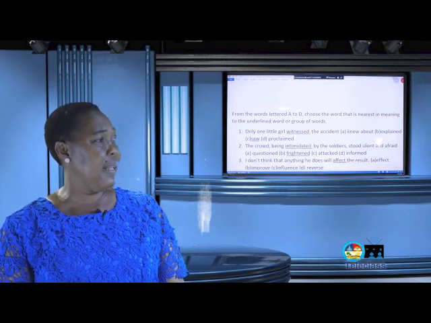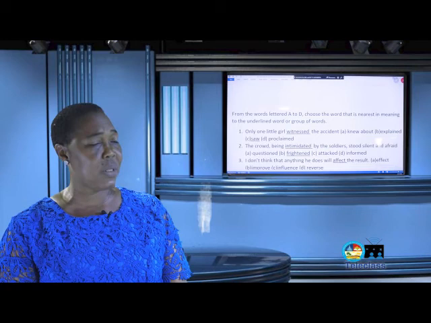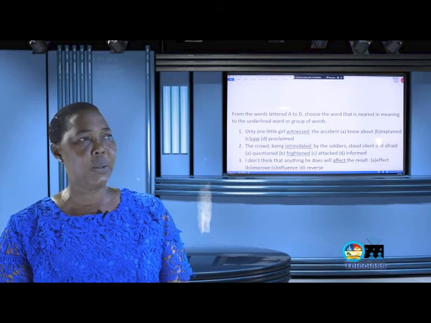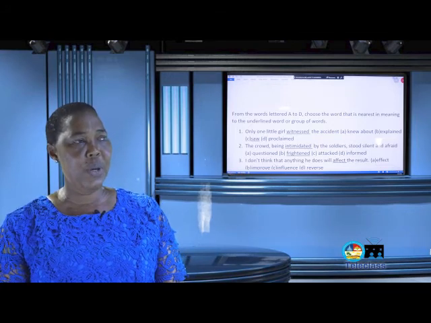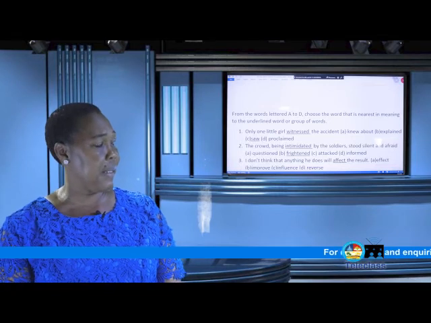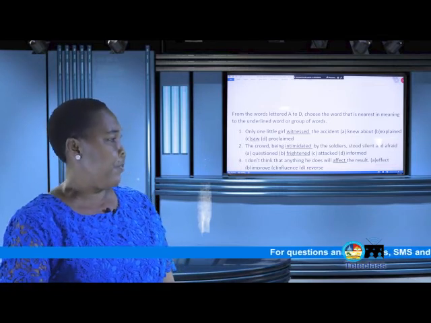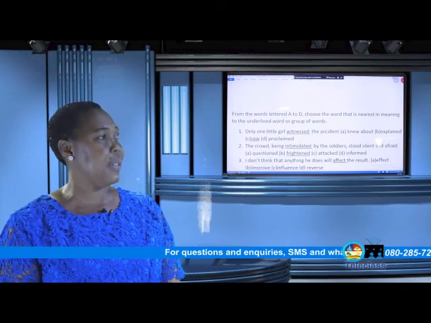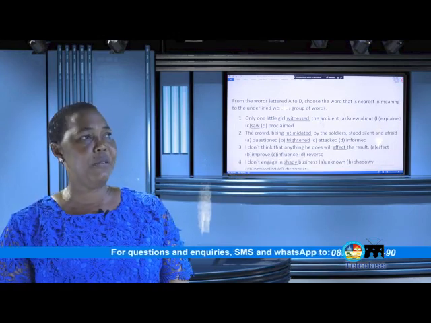I don't think that anything he does will affect the result. Affect is underlined. So we are looking at the meaning of affect. A. Effect. B. Improve. C. Influence. D. Reverse. So the answer is influence, which is C.